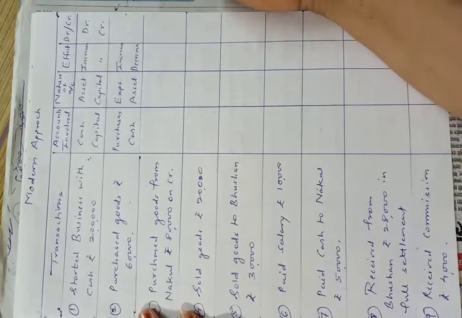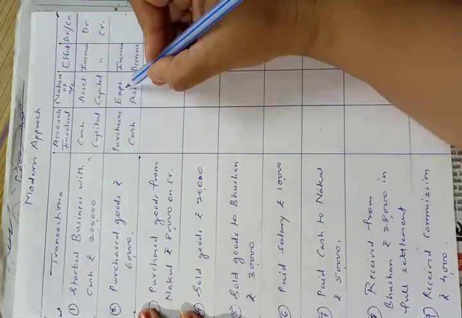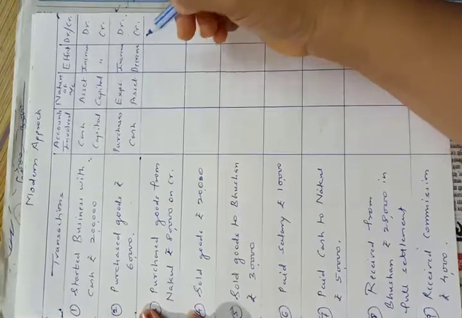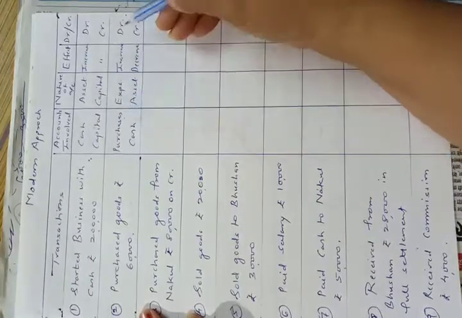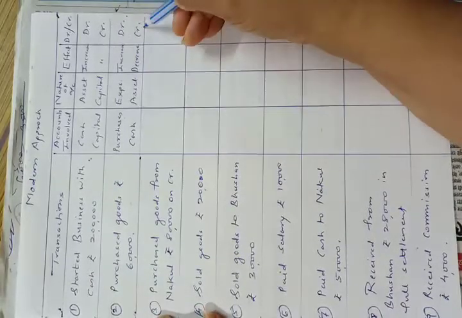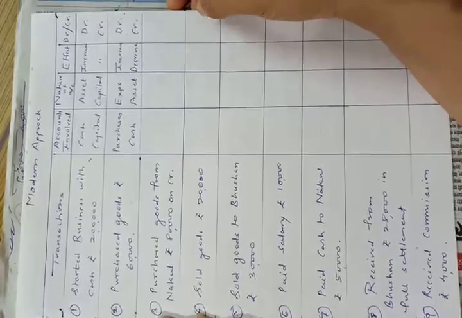Okay, so if increase in expenses, it should be debited, and if there is decrease in asset, it should be credited. So purchases account will be debited by rupees 60,000 and cash account will be credited by rupees 60,000. This is the meaning of this solution.